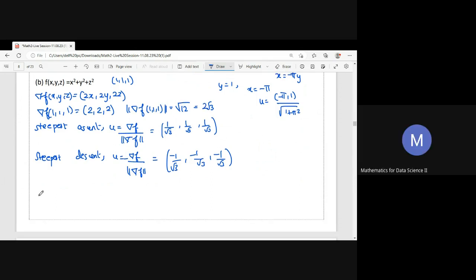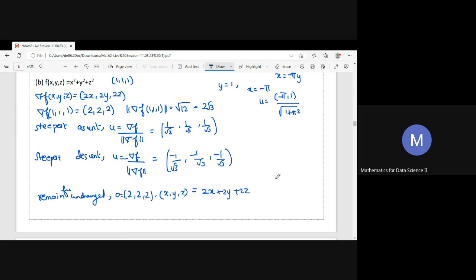And then the function remains unchanged when your u is orthogonal to this vector (2, 2, 2). So (2, 2, 2) dot (x, y, z) will give you 2x plus 2y plus 2z.